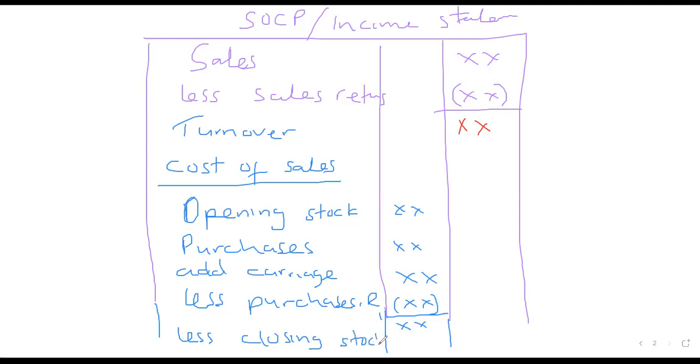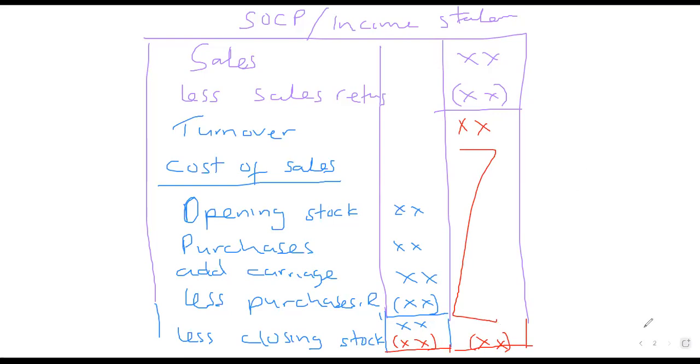So when we list the closing stock, what we get is called our cost of sales. When you subtract the cost of sales from our sales, what do we get?